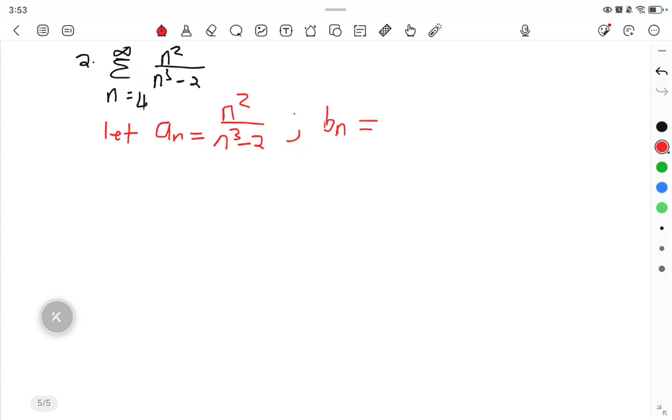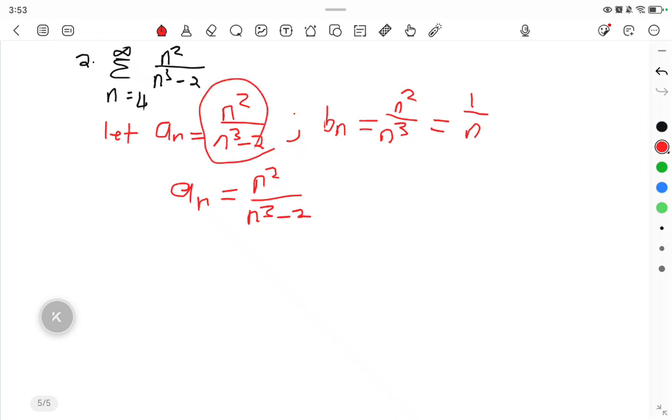When I check this, I will have to reduce the denominator first, then I have n squared over n to the 3, which is 1 over n. Then I ask myself, is an bigger than this?